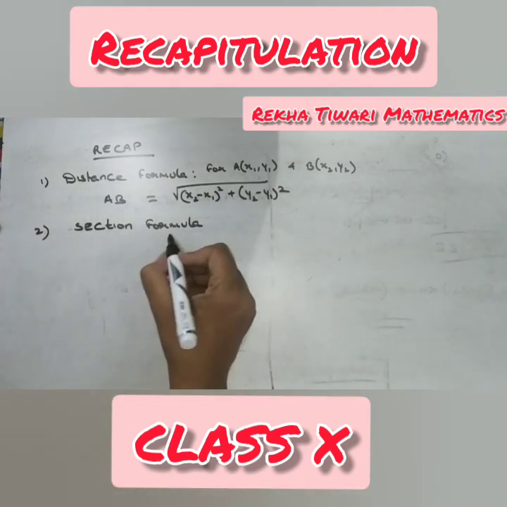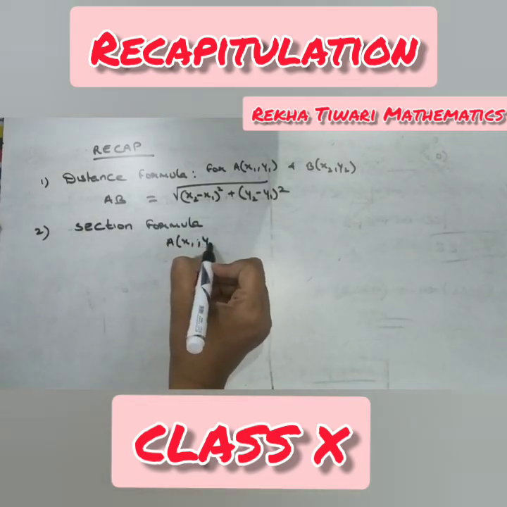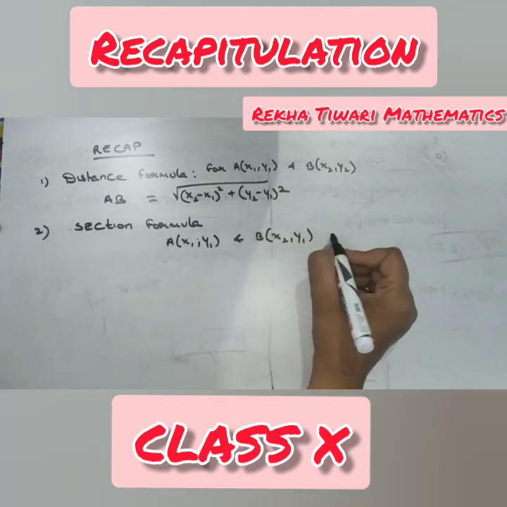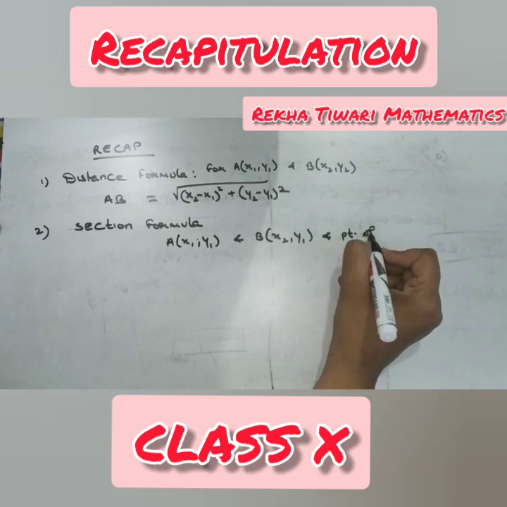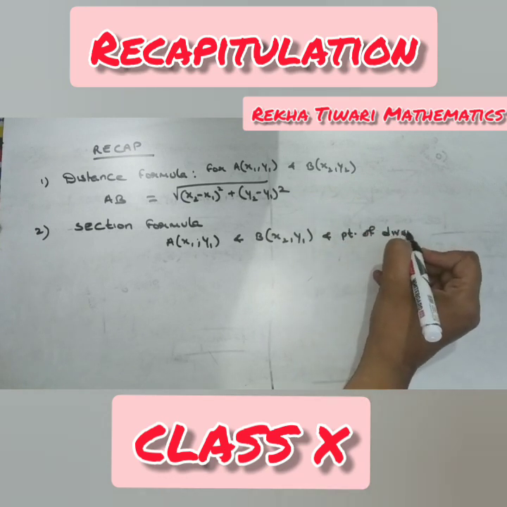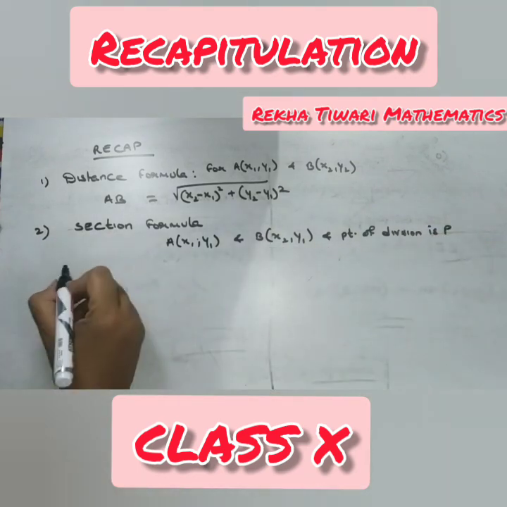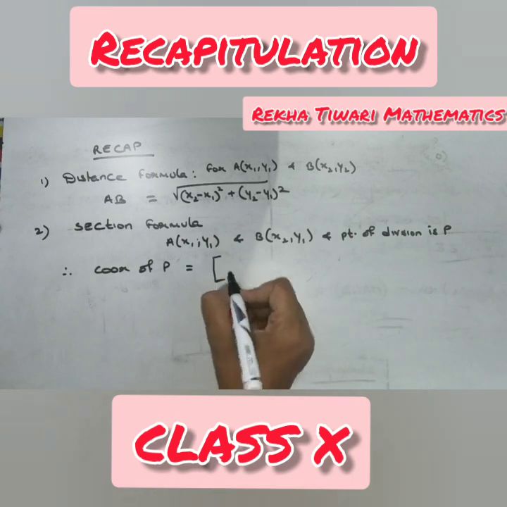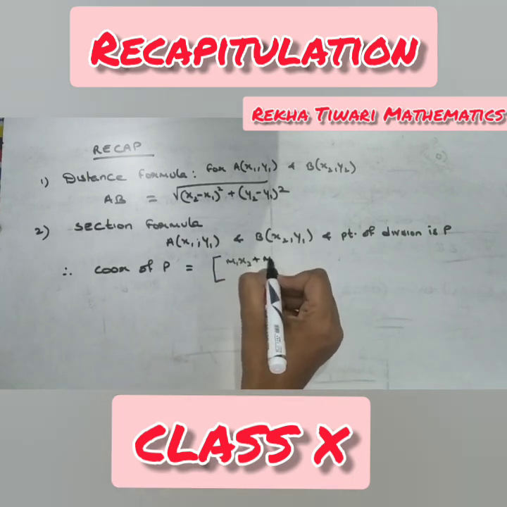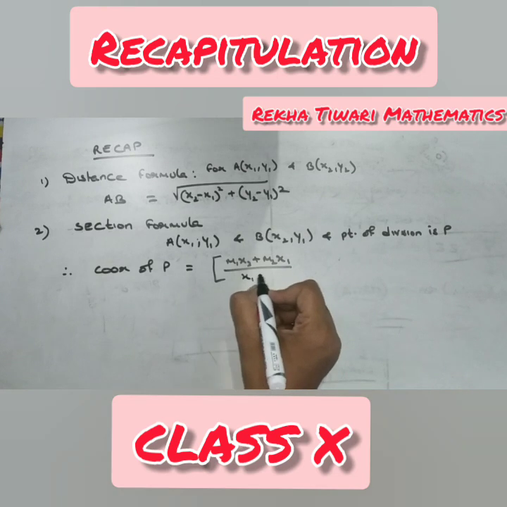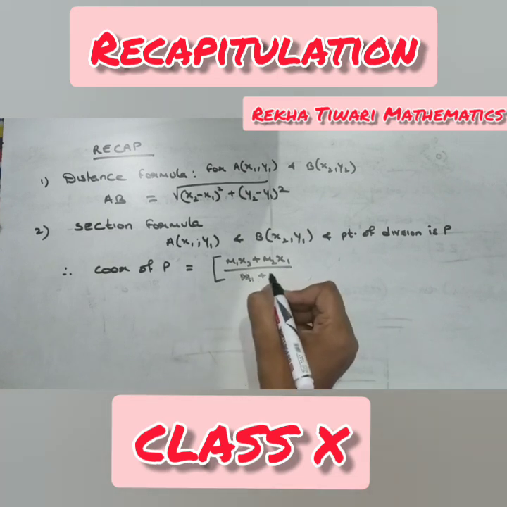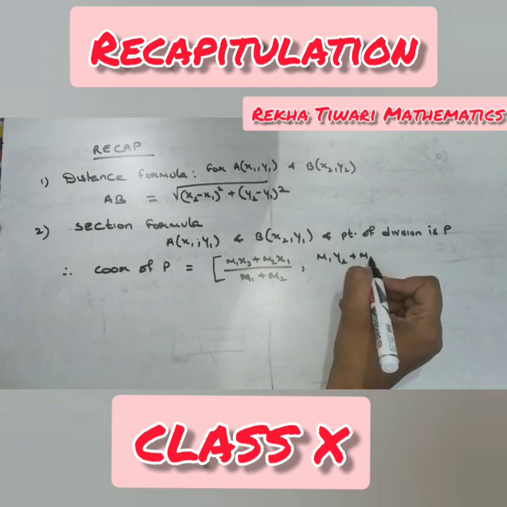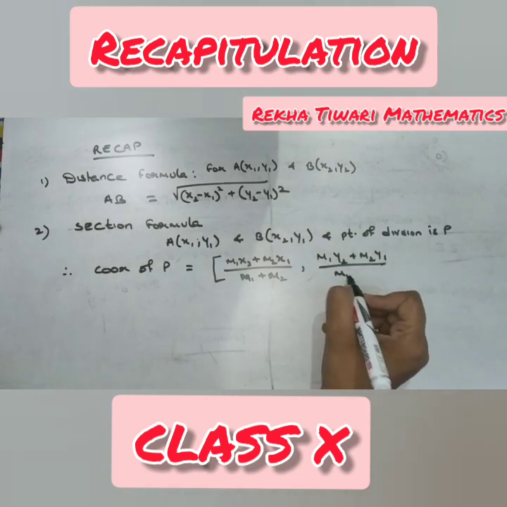So if A is (x1, y1) and B is (x2, y2) and point of division is P, therefore coordinates of P is equal to (m1 x2 plus m2 x1) upon (m1 plus m2), comma (m1 y2 plus m2 y1) upon (m1 plus m2).